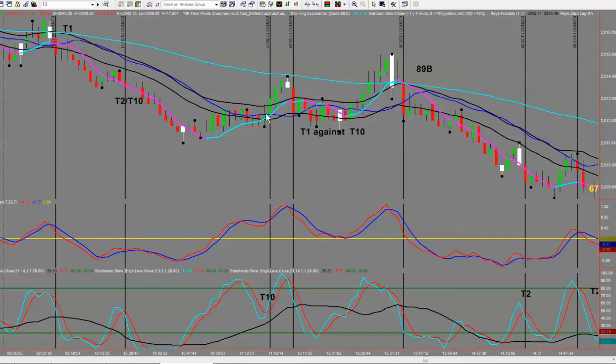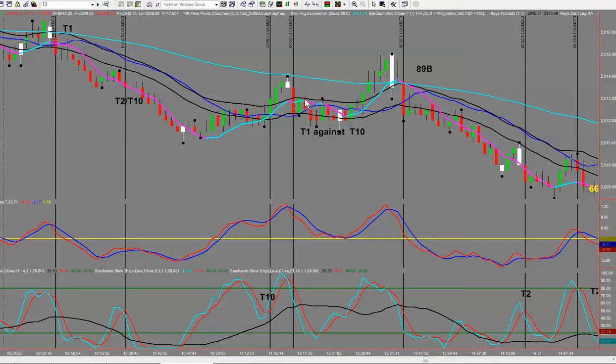Now our stop should have been tucked a couple of ticks below here. You would have been saved here if you had stayed in this trade. But then we also had a T1 form against a very strong uptrending long-term stochastic. Now there's another problem with this particular setup.